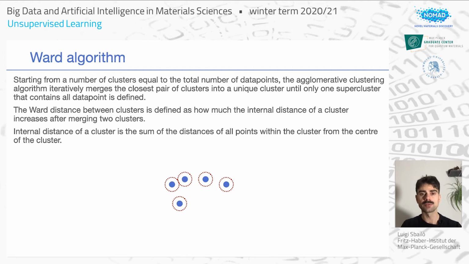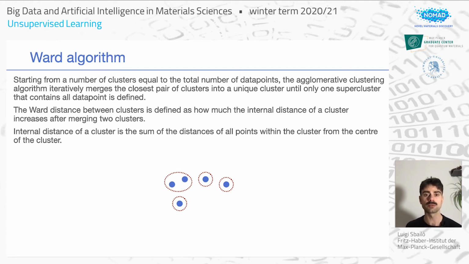So in this case, it will merge the two clusters to the left, as you can see now here. And the next step: this algorithm doesn't prevent the growth of huge clusters, because this is something that is necessarily going to increase the internal distance. Let's say it has a conservative approach regarding the size of the clusters.